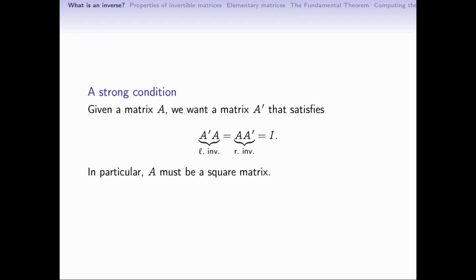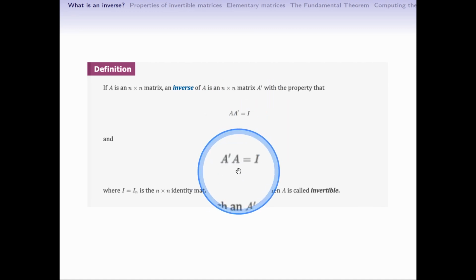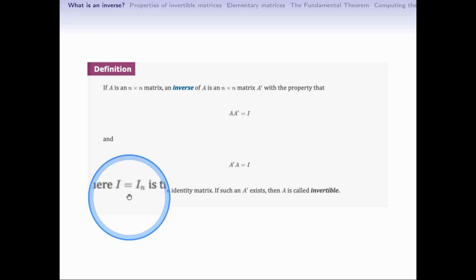Now, this leads us to the following definition. If A is an n by n matrix, an inverse of A is an n by n matrix A prime with the property that A times A prime is equal to I, A prime times A is equal to I, and I is an n by n identity matrix.